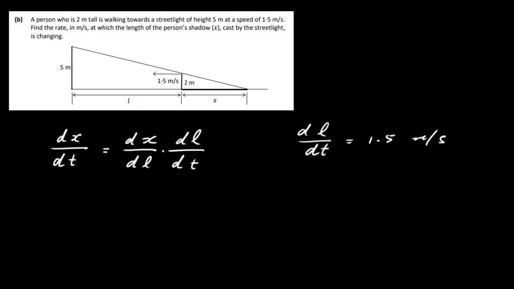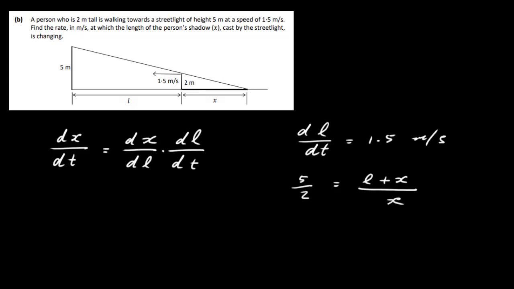So let's work through that. We can use the two numbers we have anyway. We've got 5 over 2. This side in the large triangle divided by its corresponding side in the small triangle is equal to this side in the big triangle, which is just L plus x, divided by its corresponding side in the small triangle, which is just x.